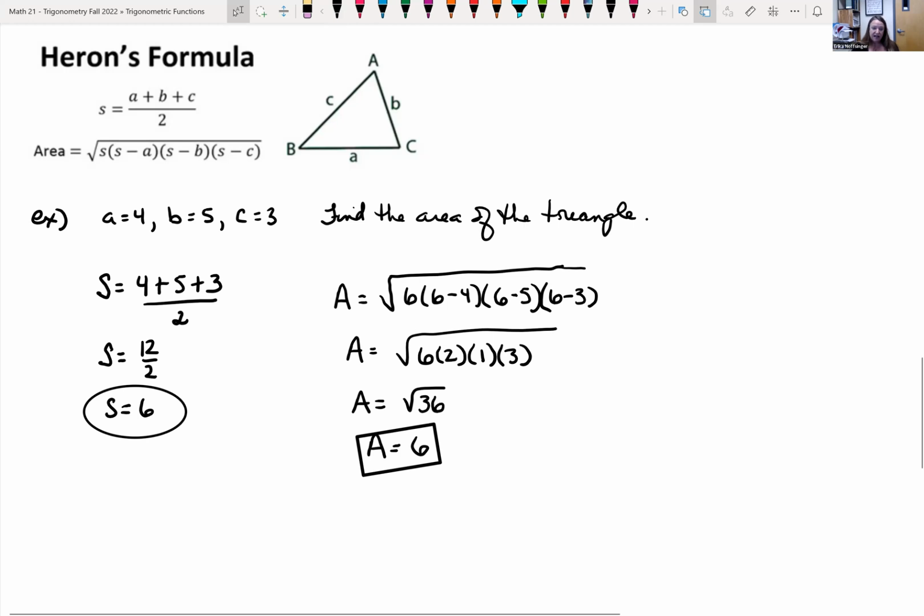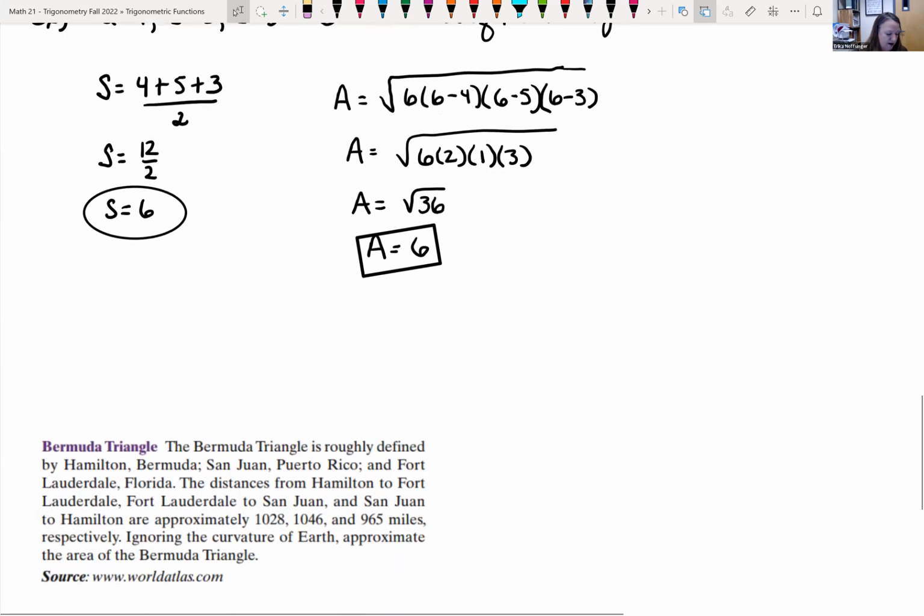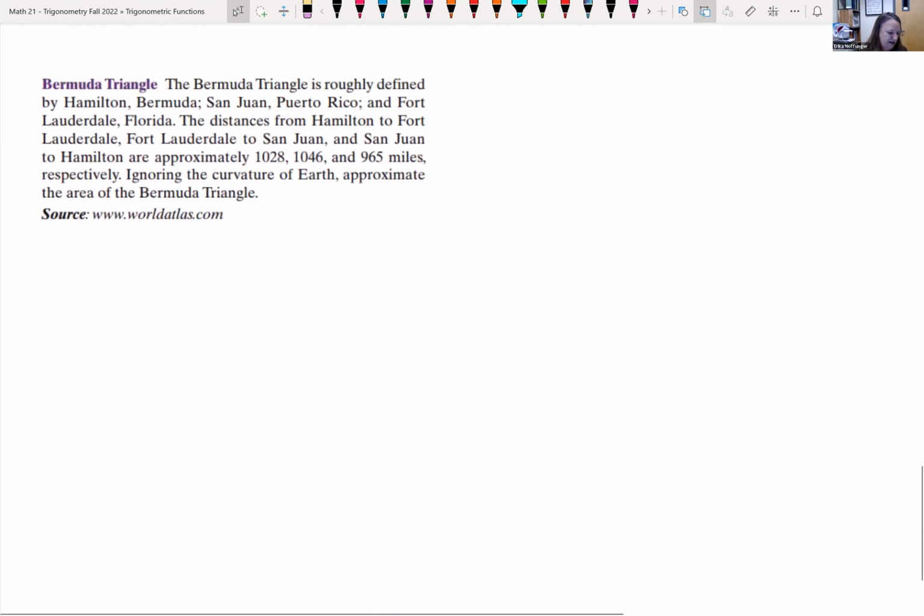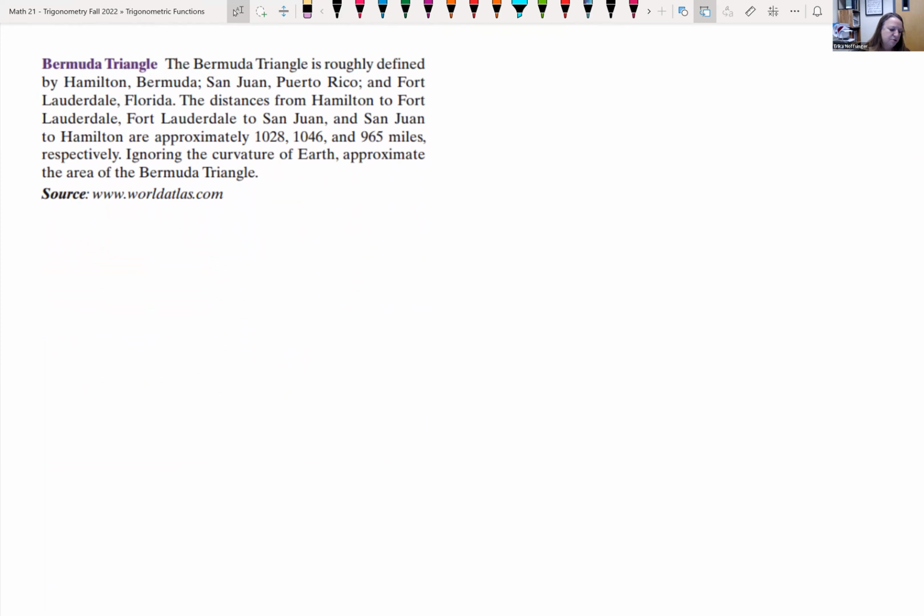So now let's look at an example where we're looking at an application of finding the area. So the following problem says the Bermuda Triangle is roughly defined by Hamilton, Bermuda, San Juan, Puerto Rico, and Fort Lauderdale, Florida.